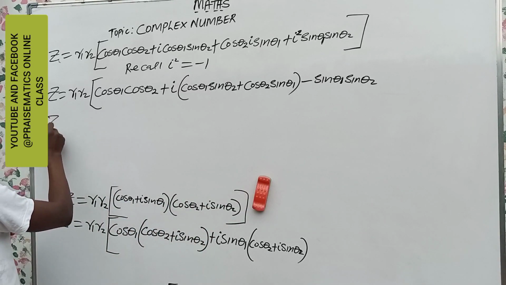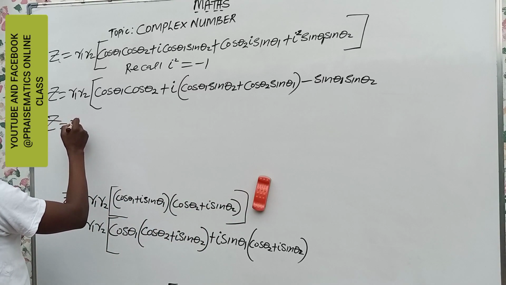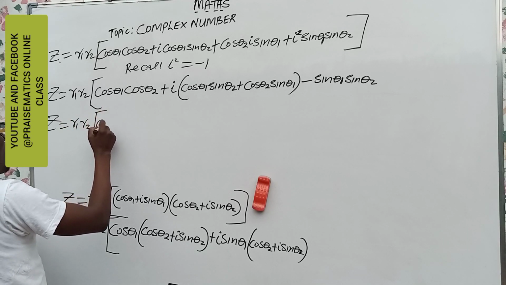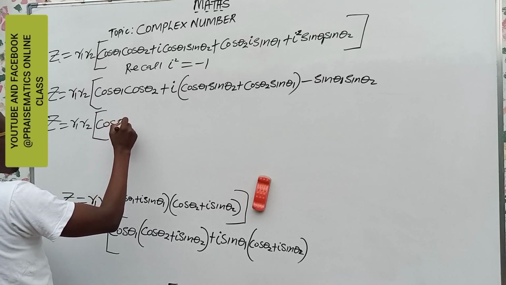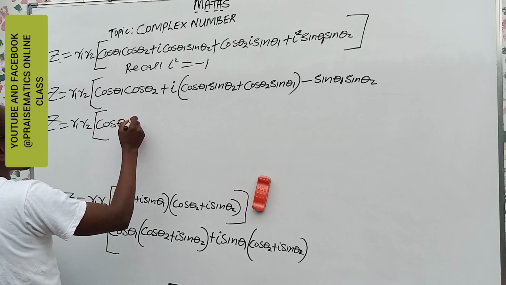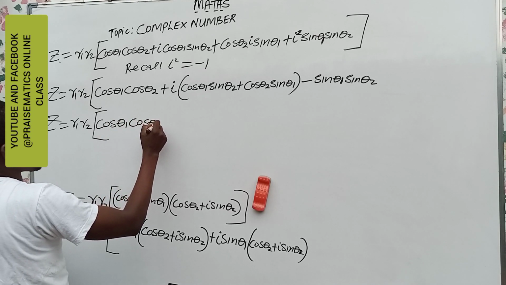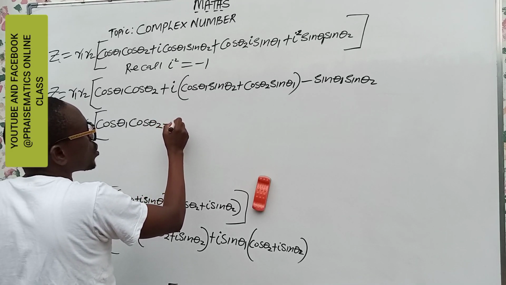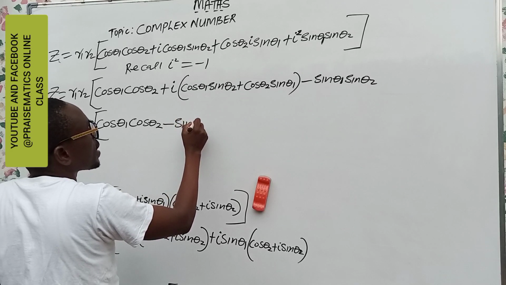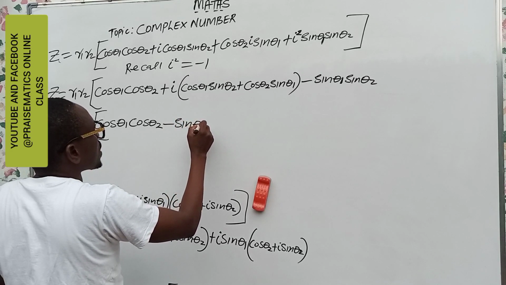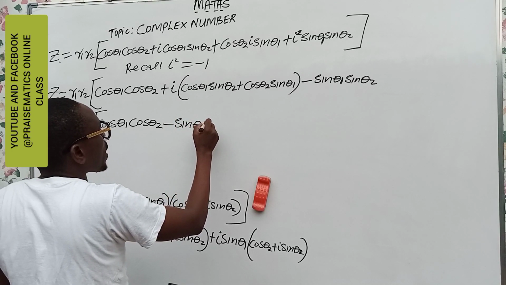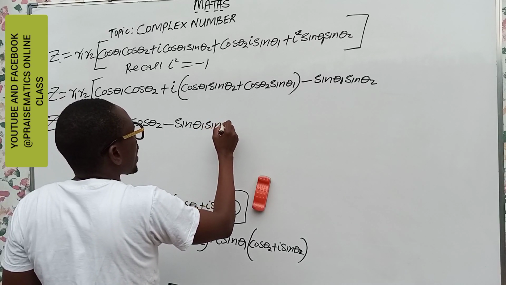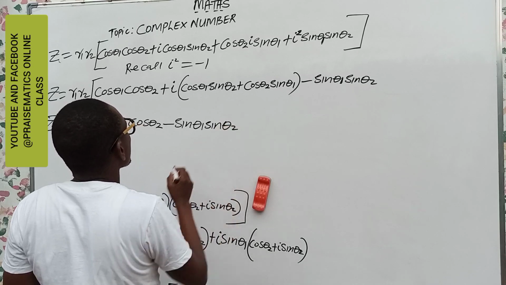So Z is equal to R1 R2 into bracket cos theta 1 cos theta 2 minus sin theta 1 sin theta 2.